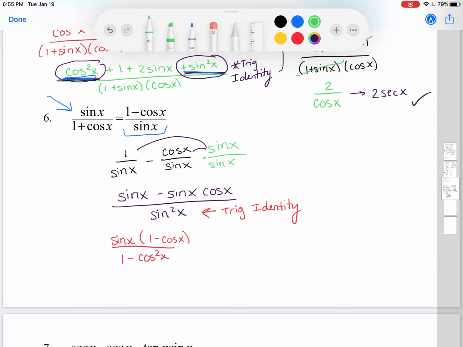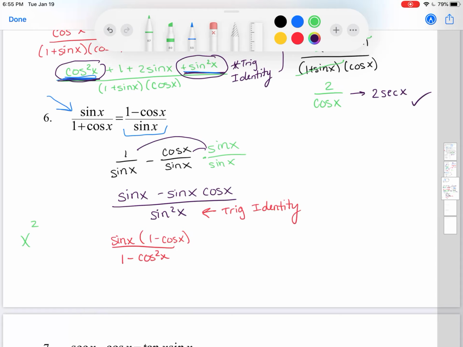So it looks like difference of squares is actually needed regardless of which method we use. And the reason I say that is because now we have a sine x in the numerator, so we're good there. But I need to somehow get a 1 plus cosine x in the denominator. All right? That's where difference of squares comes in.